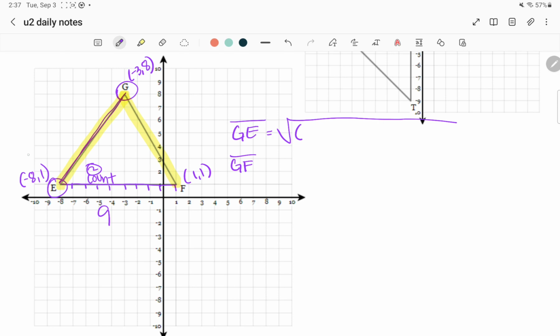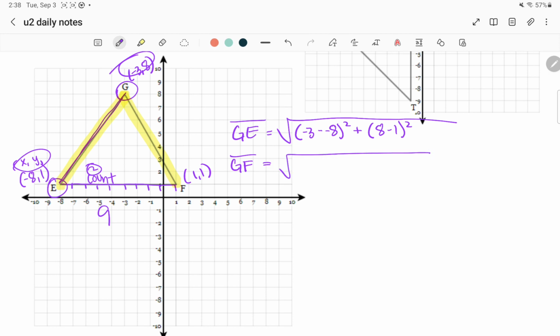We'll call E the x1, y1. So I've got -3 minus -8 squared plus 8 minus 1 squared. So that's taking x values and y values from G and E.